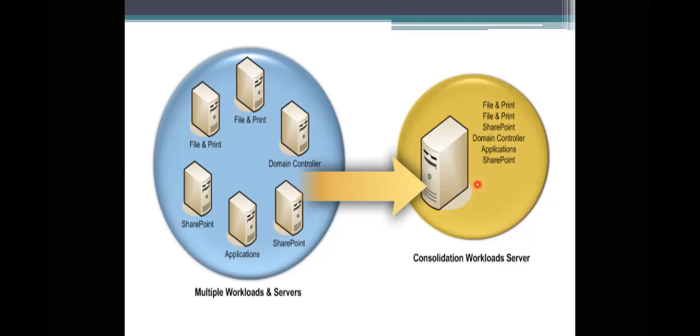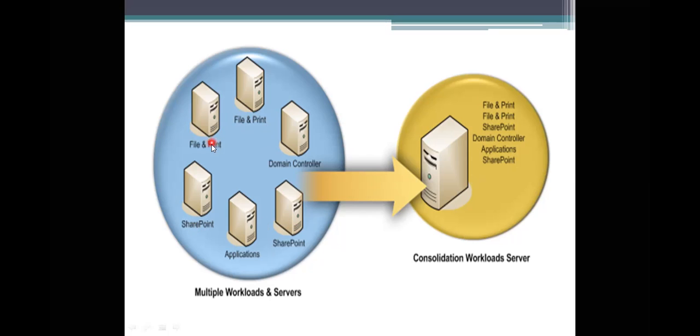When you are going into server virtualization or any consolidation, why do we need consolidation? We are using different servers for processing, and some of them are underutilized. Underutilized means you are maintaining 2 different servers for the same purpose, file and print, and then SharePoint.